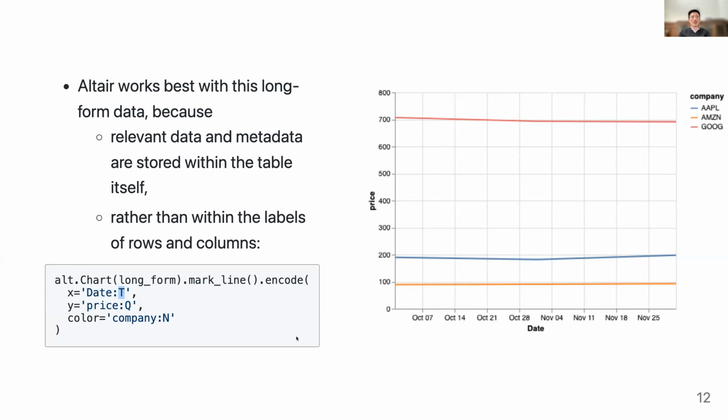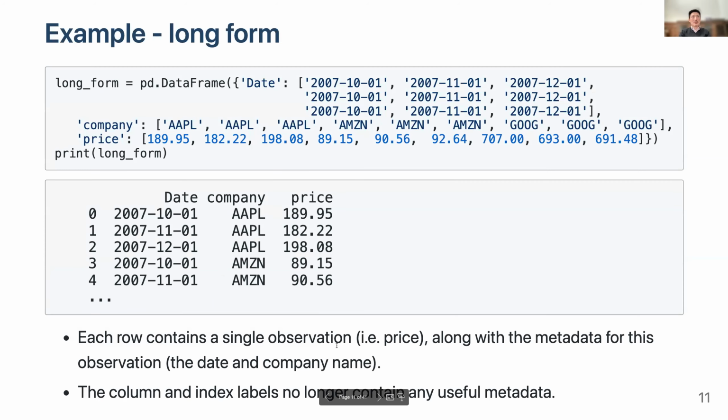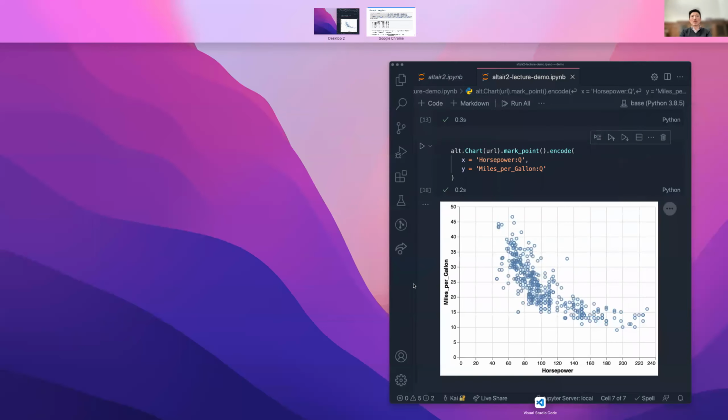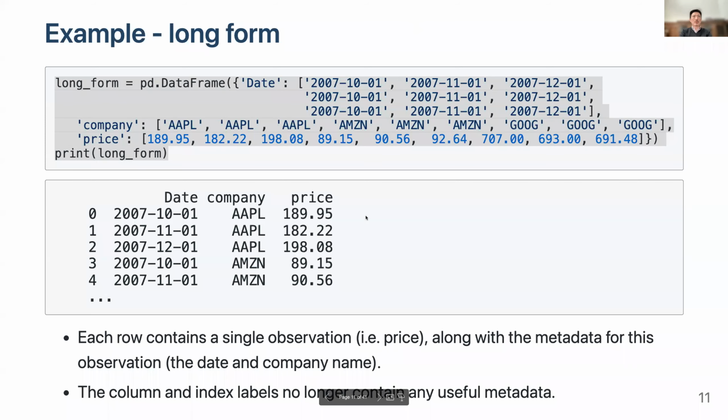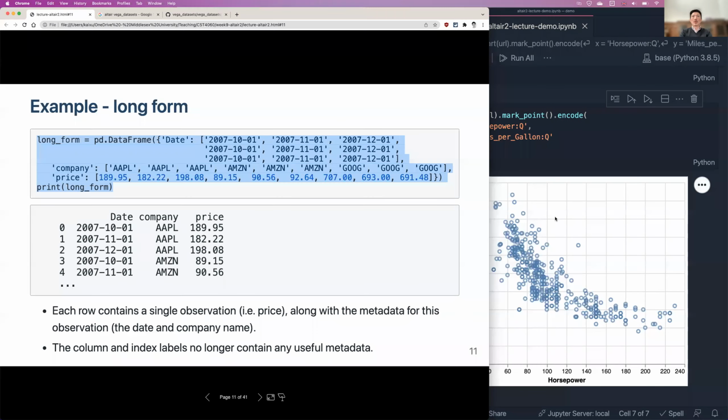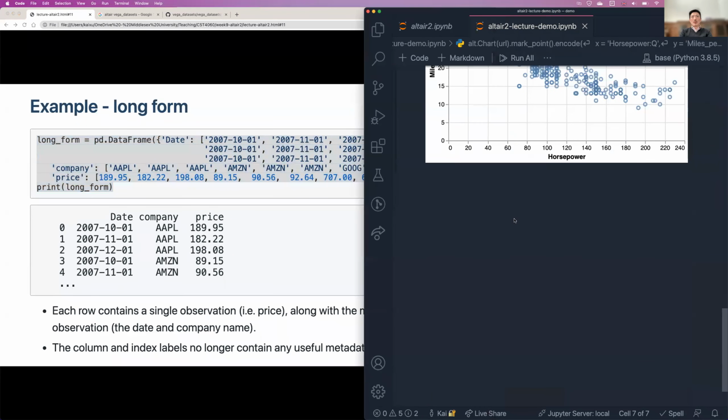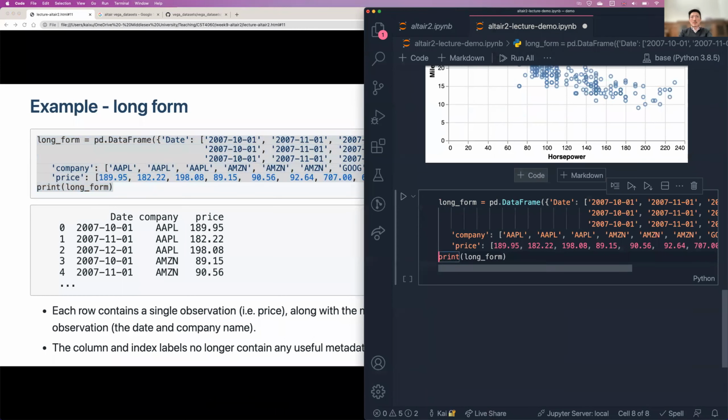We can just try this in the actual code. Let's exit full screen here and add a new cell. I'll define the long form.